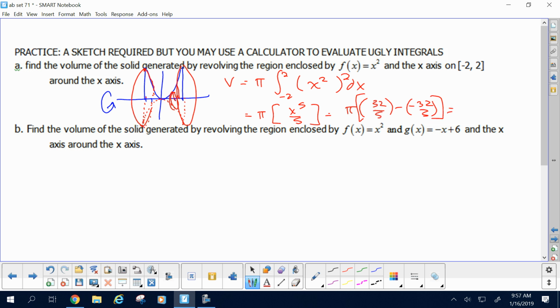Then 32 minus -32 is 64 pi over 5. Write yourself a note here. Volume should always be positive. Just like area. If you get a negative, you messed up. All right?